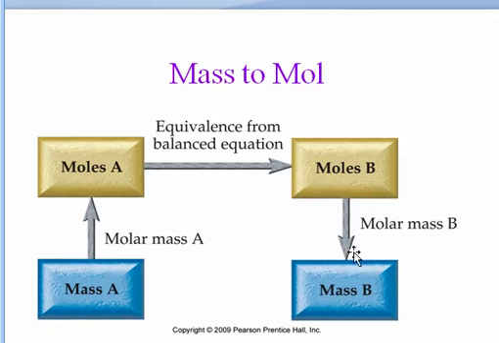So in both cases, we need the molar mass of two different chemicals to get between the moles of the chemicals. Now we need to get in moles because to get from one chemical to another, the stoichiometric coefficients are always in moles. So we have to get to moles to get from one chemical to another.